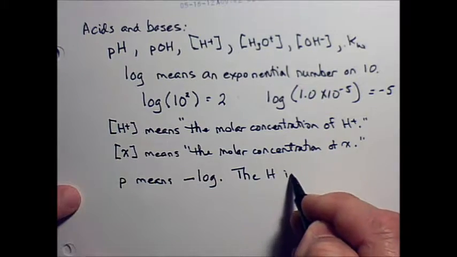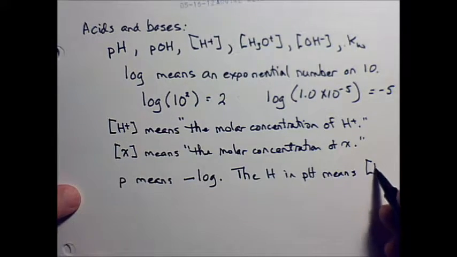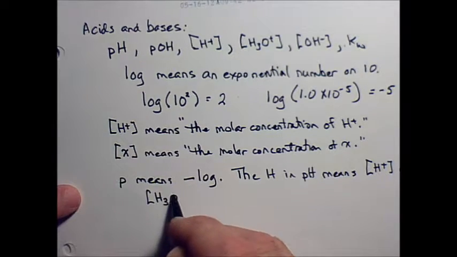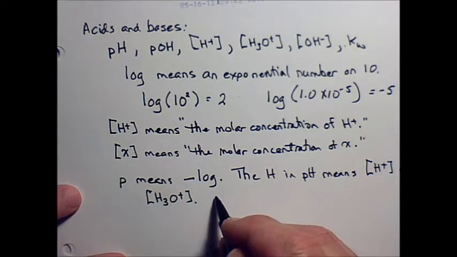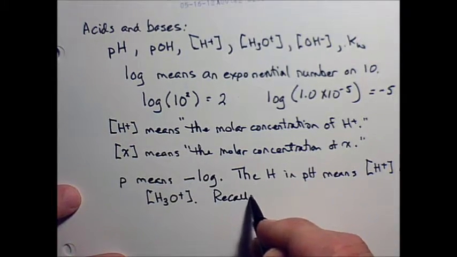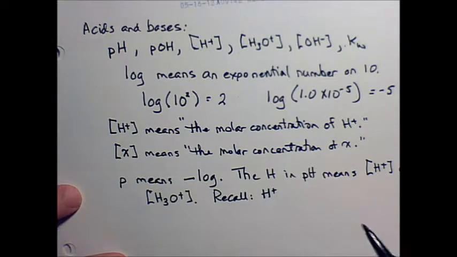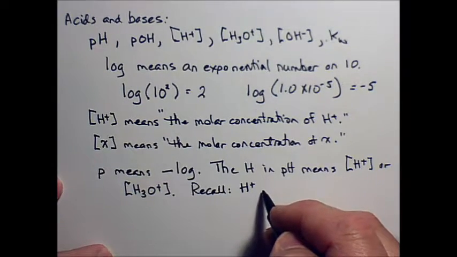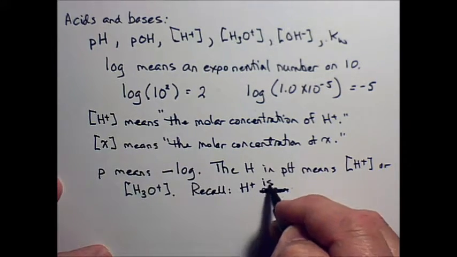The H in pH means the molar concentration of the hydrogen ion, or the molar concentration of the hydronium ion.